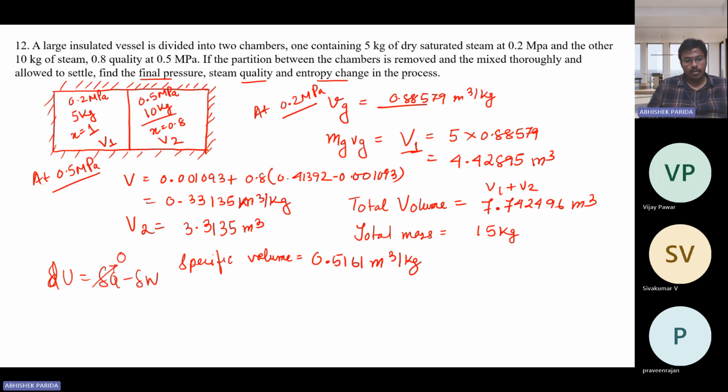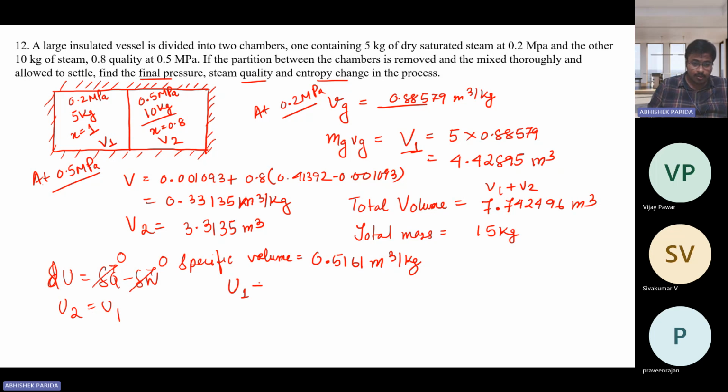It is 0. Is there any work interaction? It is also 0. So U2 is equal to U1. That means after mixing, the total internal energy stays constant.